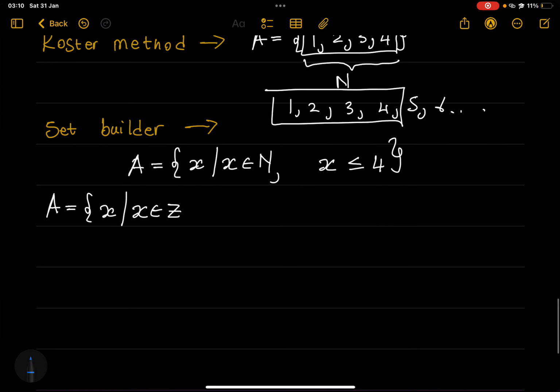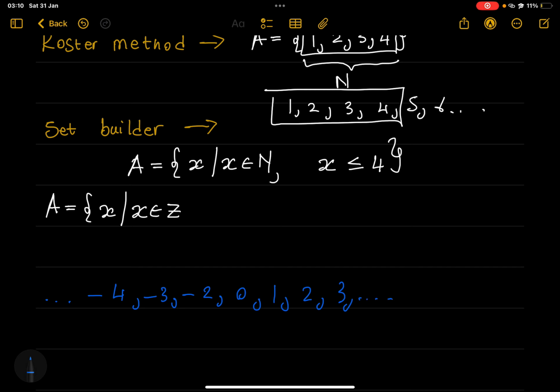Integers are numbers like negative 4, negative 5, negative 6, negative 7. Sorry, I'm making a big mistake here. Integers are numbers like negative 3, negative 2, 0, 1, 2, 3, and so on. Understand?